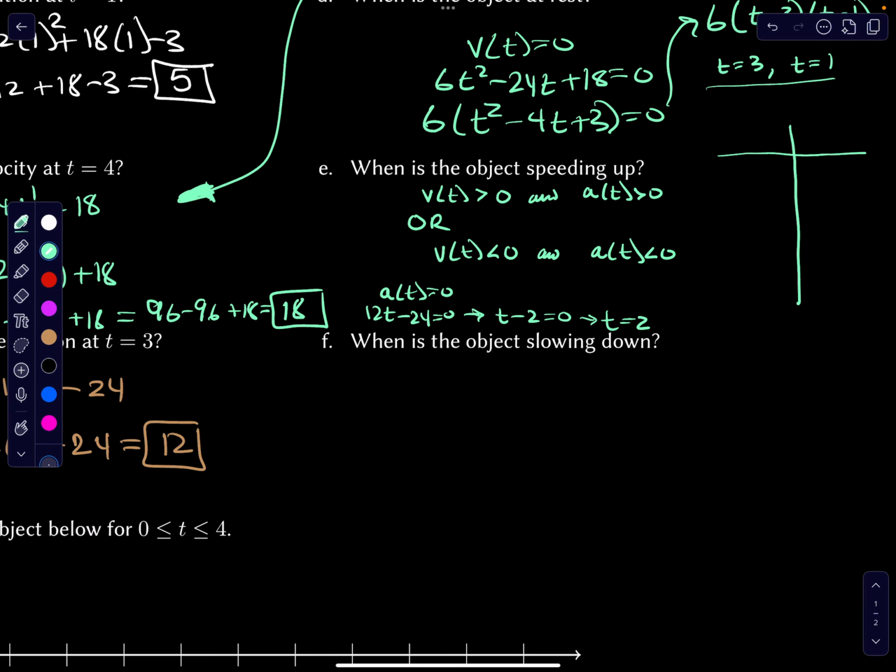Let's just pretend. So between 0 and 1, we'll start with that. Then between 1 and 2, and then from 2 to 3, and then t greater than 3. So those are the ranges.